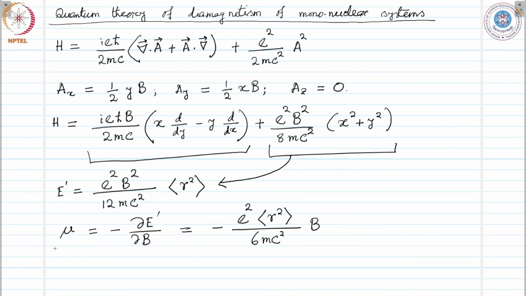So, we have got the magnetic moment that comes from the quantum theory of diamagnetism.